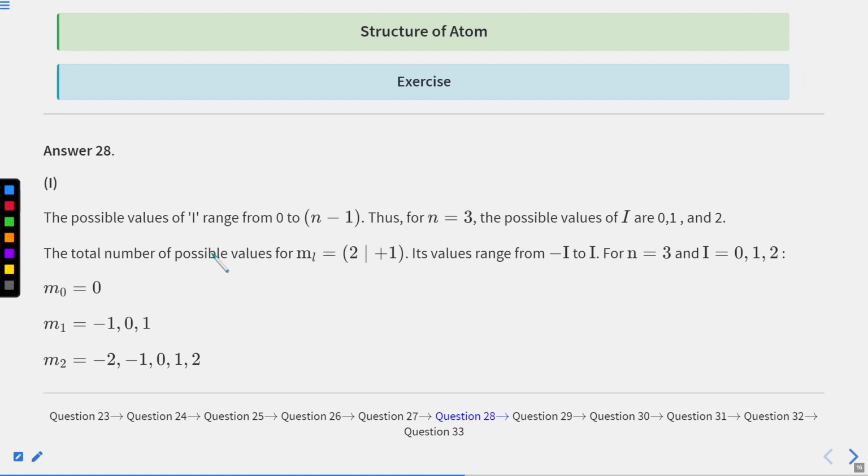The possible values of l range from 0 to n minus 1. Thus, for n equals 3, the possible values of l are 0, 1, 2. The total number of ml values is 2l plus 1. Its value ranges from minus l to plus l. Therefore, l=0 will have 0, l=1 will have minus 1, 0, plus 1, and l=2 will have minus 2, minus 1, 0, 1 and 2.